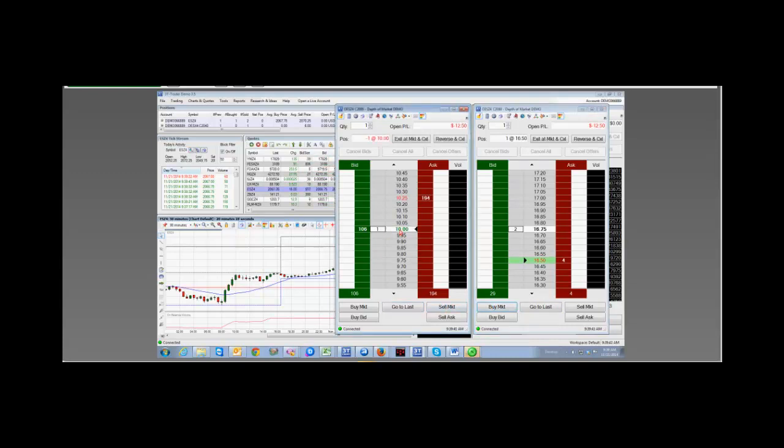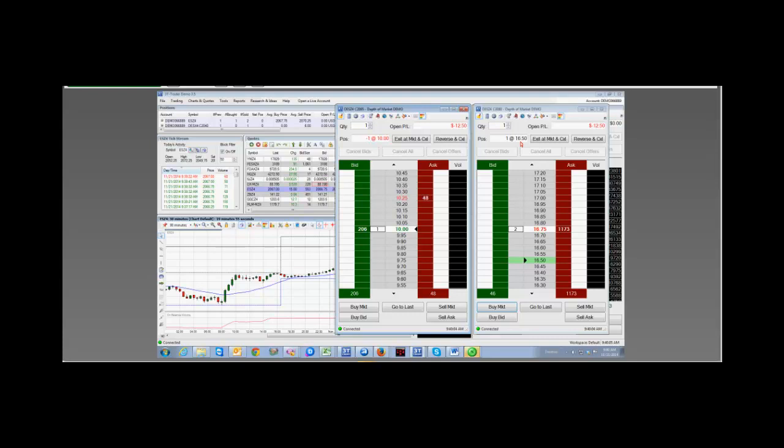You can see I'm long here from 16.5, which means this leg was worth 16.50. When I multiply that by 50, because that is the underlying point value of the S&P, you can see this cost me $825.